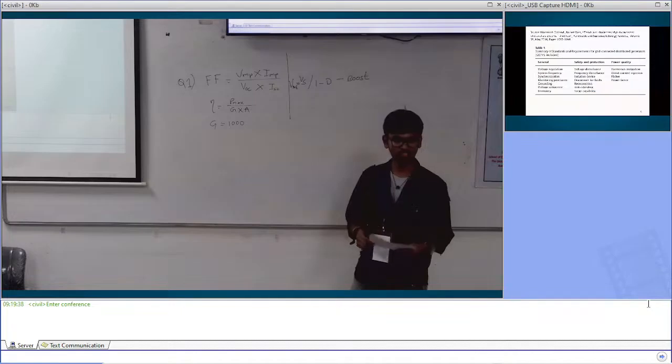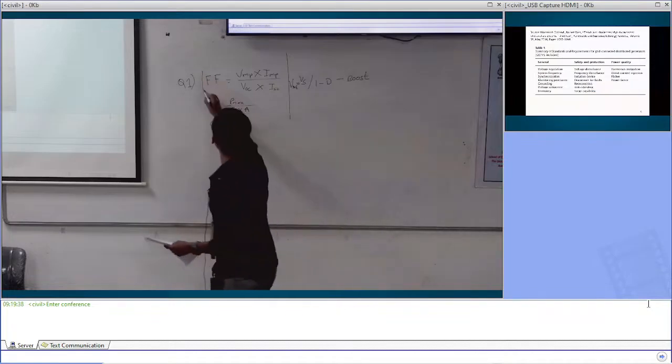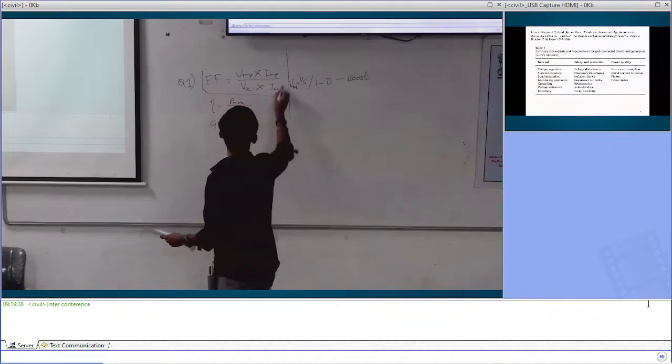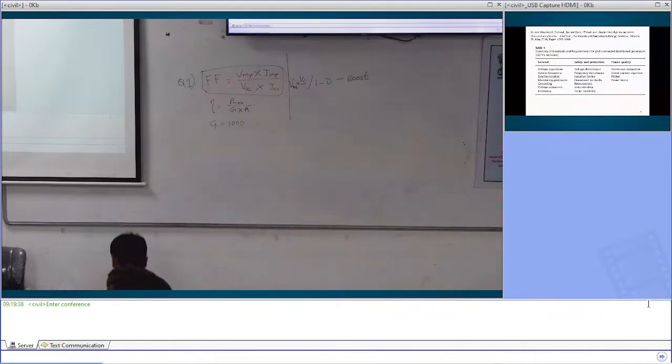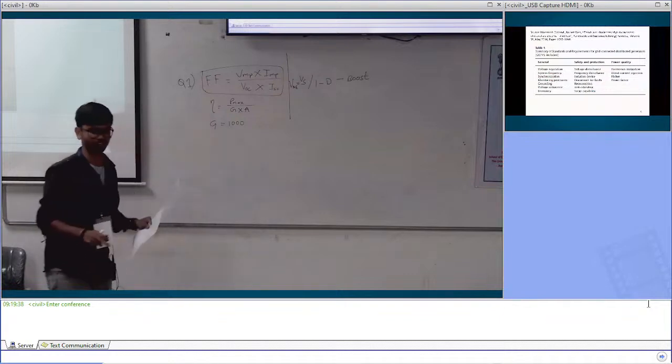In the first question, firstly we asked you to calculate the fill factor. So, fill factor is this value. From this we can find the fill factor.